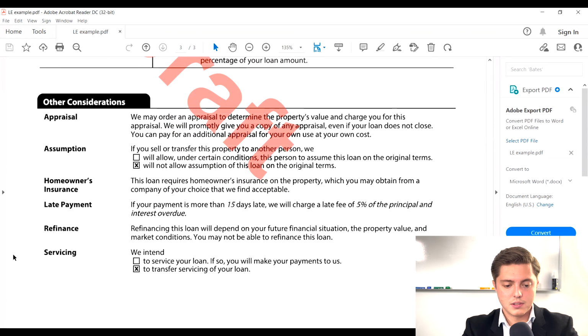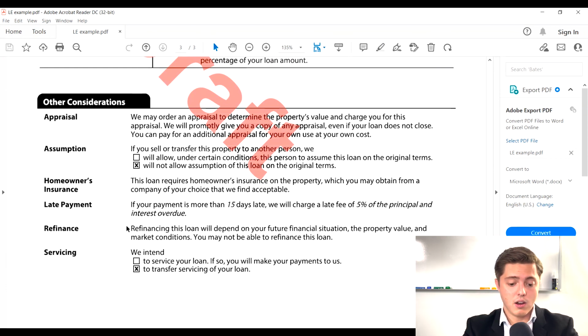Other considerations: this section tells us a few different disclaimers. One about your appraisal, and loan assumption, which is not relevant in most cases, but if you're getting an FHA loan or a VA loan, there are certain circumstances where you are able to have somebody else assume that loan. Homeowners insurance is required. What happens when your payment's late?